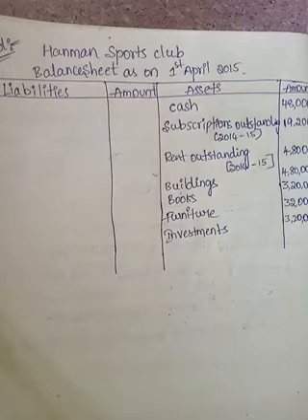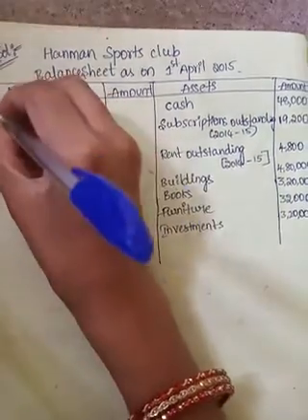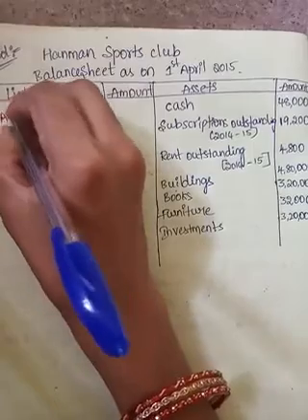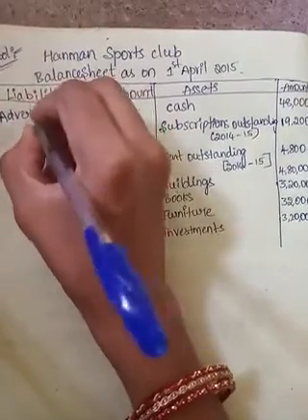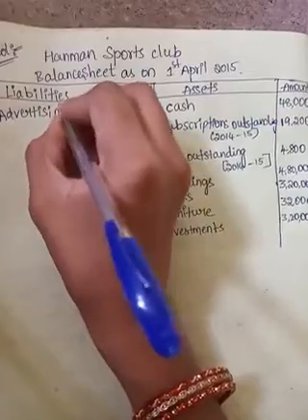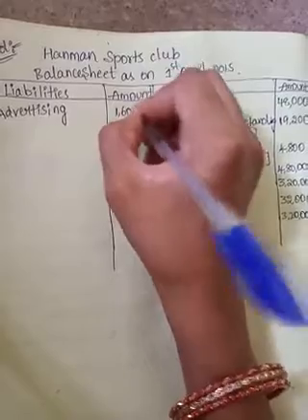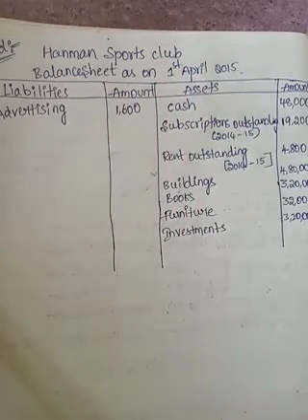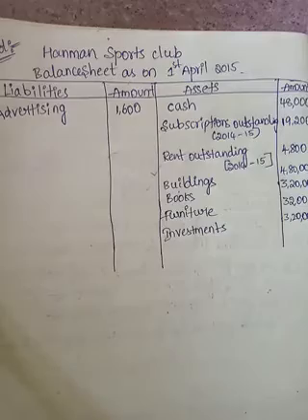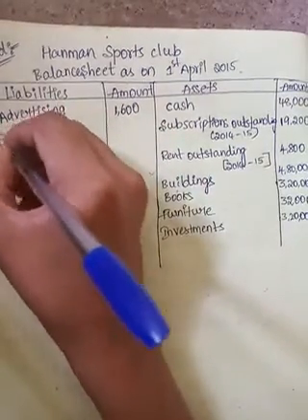Next is advertising, 1,600. Next is salaries outstanding.